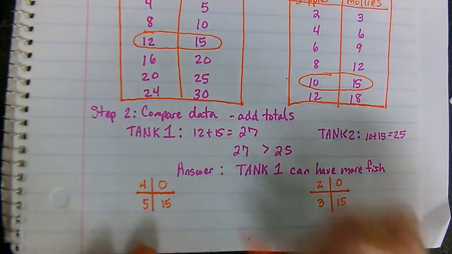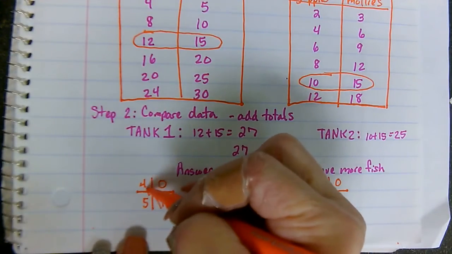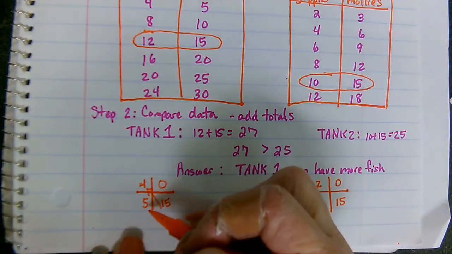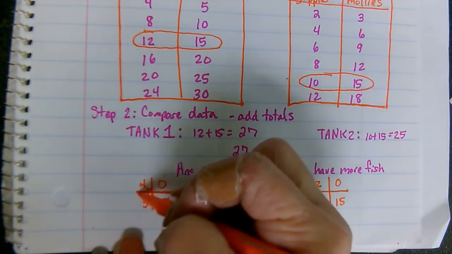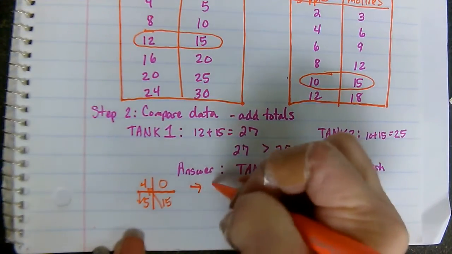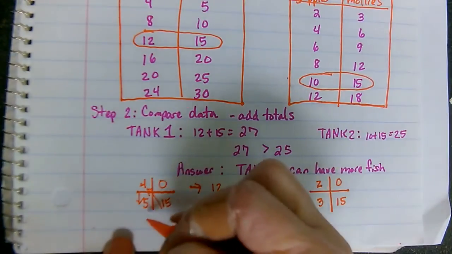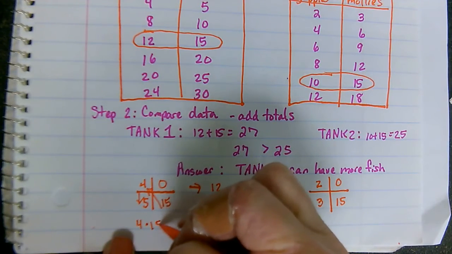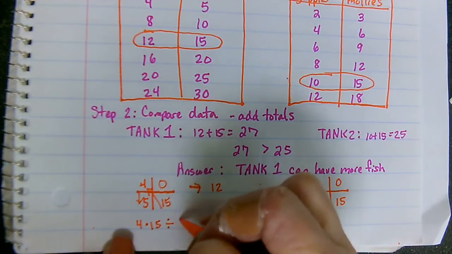So check it out. 4 times 5 is 60. Divide 5 is 12. So that would be 12. Because you multiply diagonals, divide the other side. So that's 4 times 15, divide 5.